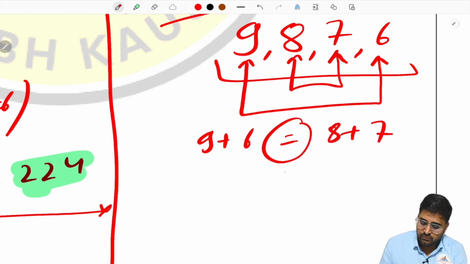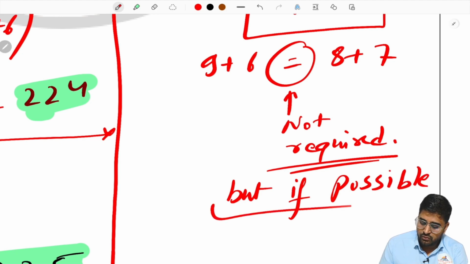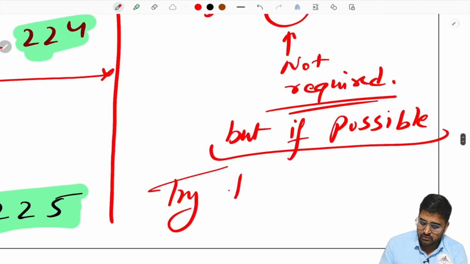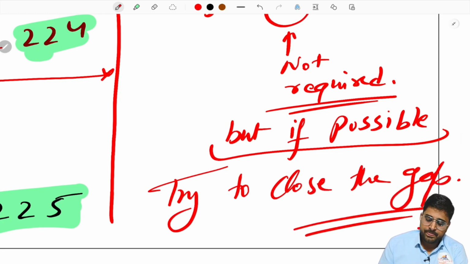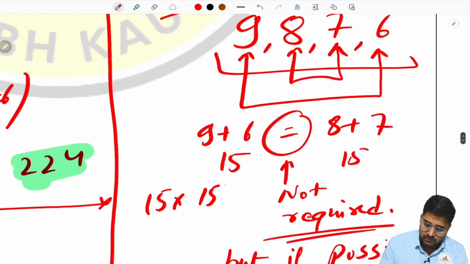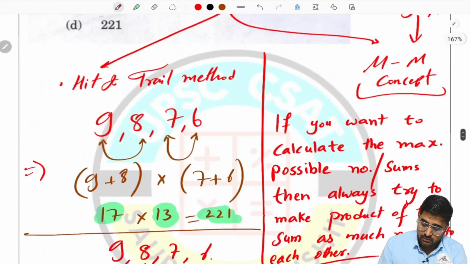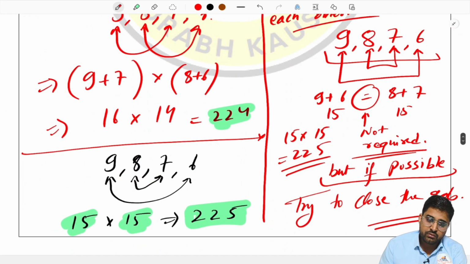It is not always required, but if possible, you have to close the gap. So in this scenario, we have 15 here and 15 here, so it will give us a maximum value of 225. That's how it works. There is a concept behind this.